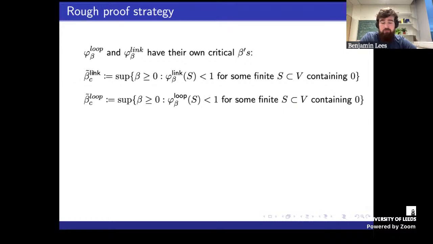So the critical beta for link and loop, respectively, are: we're going to look at finite S contained in our set and consider the case where no matter what finite S we take, the expected number of escape edges is strictly less than 1, and take a supremum in beta over this. So the critical beta tilde corresponds, if we have some continuity in the system, to the case where some finite set has exactly one expected escape edge.